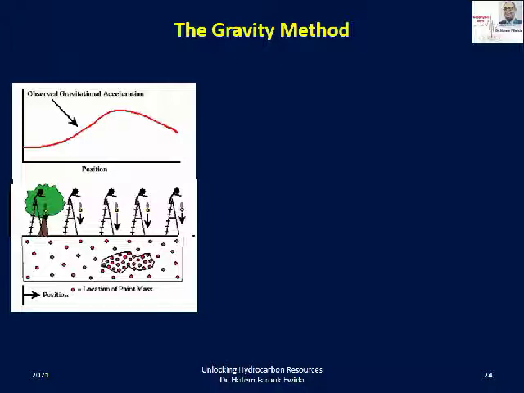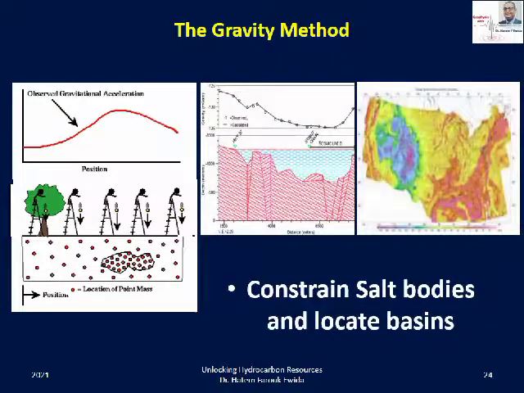If you have a salt dome or salt body, which can form structural traps, the density of the salt is much different from the surrounding rocks, such as sedimentary rocks or other types of rocks. So I can delineate the salt bodies, for example, and then I can know where the traps are. Also, with the gravity method, I can build vertical cross sections or maps, constrain the salt bodies and locate the basins.